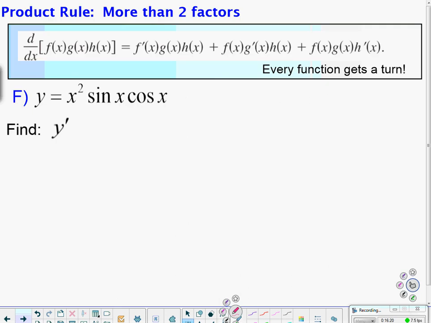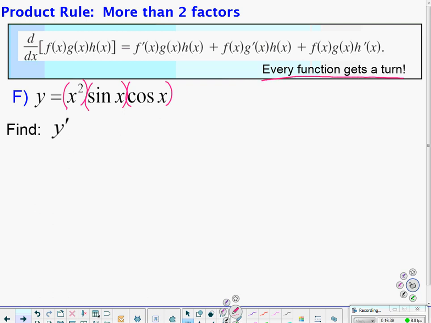All right, what if I have more functions? Do you see 3 functions? I do. Well, that sounds super hard. Can we do that really? Yes, we can. Keep this idea that every function gets its turn having its derivative taken.